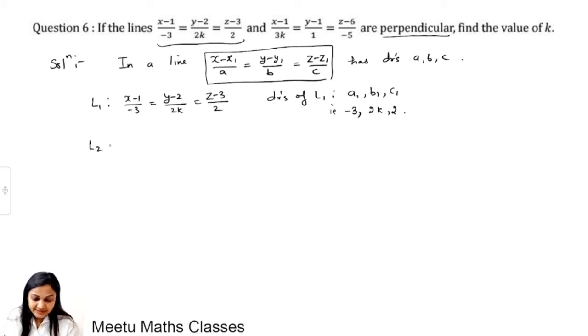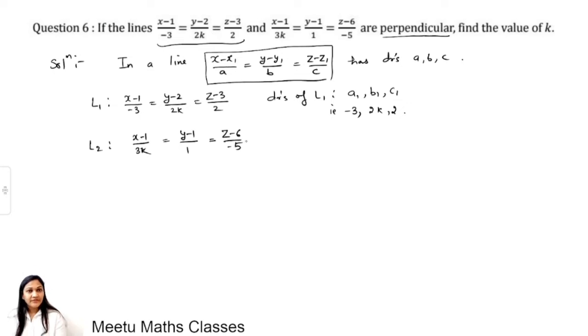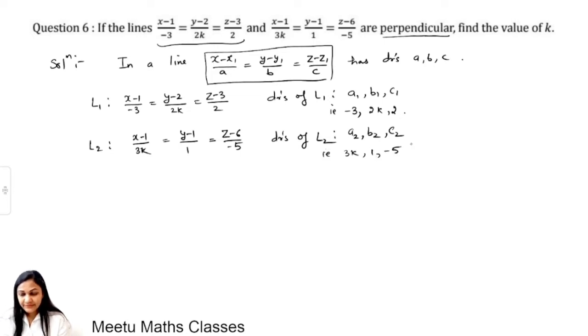Similarly, let us consider line 2, that is (x minus 1) upon 3k is equal to (y minus 1) upon 1 is equal to (z minus 6) upon minus 5. Now the direction ratios of line 2, let us suppose A2, B2, C2, will be 3k, 1 and minus 5.